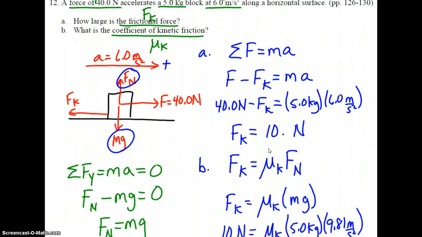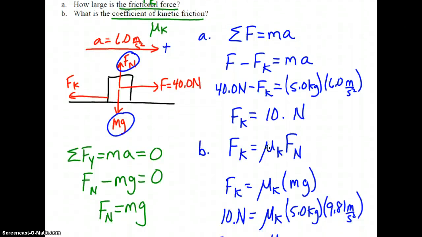B, what is the coefficient of kinetic friction? We now use the definition of kinetic friction, which is Fk equals mu k Fn. In this problem again we see it's not accelerating vertically, and these are the only two forces acting on it. So here in green we have our summation in the y direction, showing that Fn equals mg.